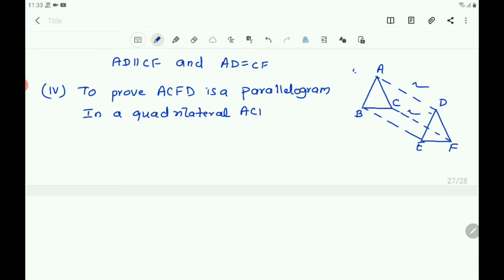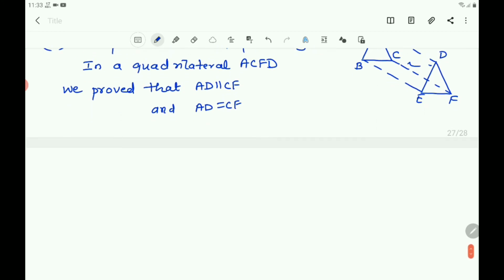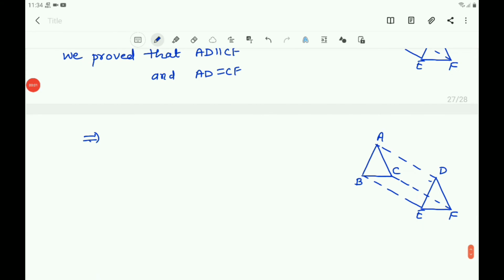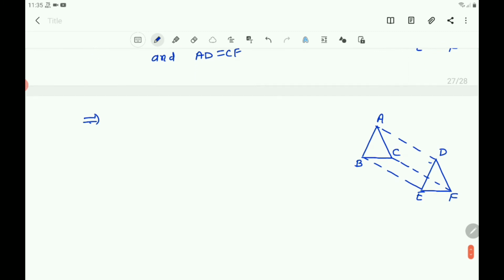That is from the third you proved here. Therefore, you can say that it implies ACFD is a parallelogram.